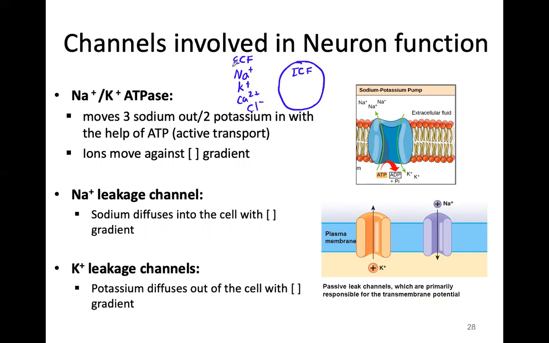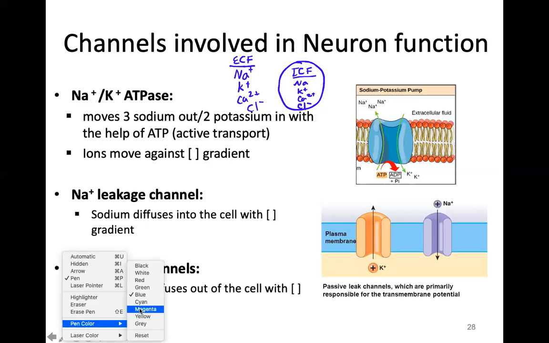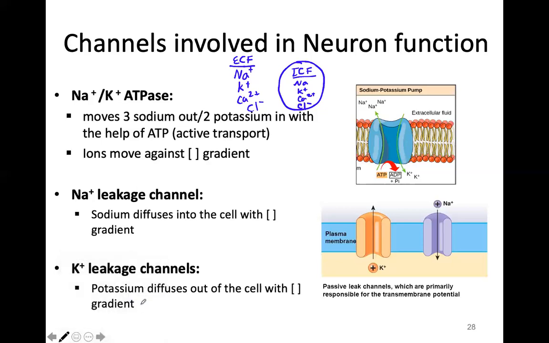Now, these ions are also found inside the cell. So you will have sodium, potassium, calcium, and chloride. So when you look at the concentrations of these ions on either side of your membrane, sodium is going to be high outside, making it low inside.